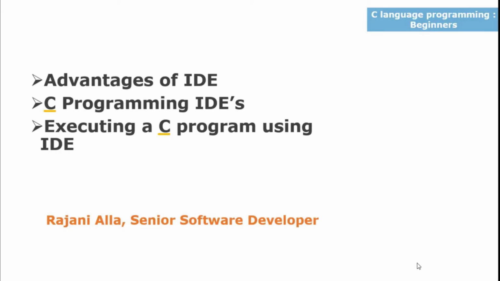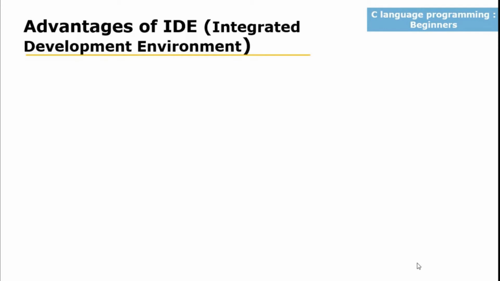Let's begin. IDE stands for Integrated Development Environment. As the name indicates, an IDE provides many things. It provides a source code editor to edit the C program, and we can also compile the program and work with many tools in one place.